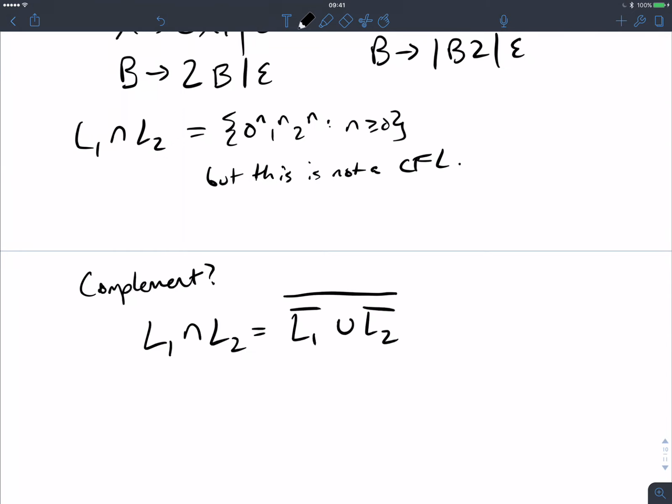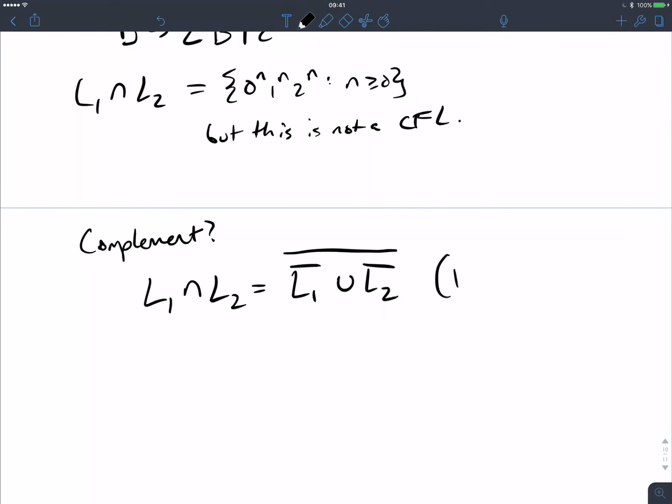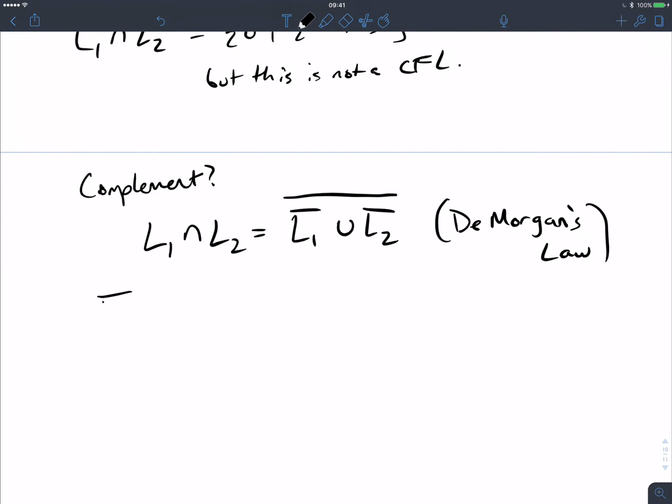So that's De Morgan's law, or one of the laws. Are CFLs closed under union? Yes. If CFLs were closed under complement, what do I have here? I get closure under intersection, but do I have closure under intersection? Nope. So this implies no closure for complement.